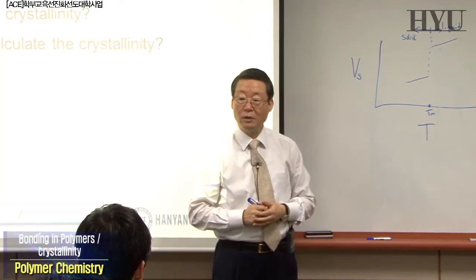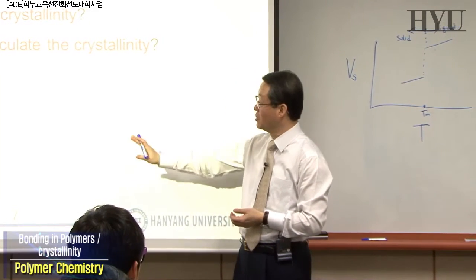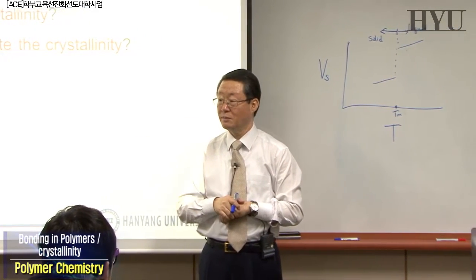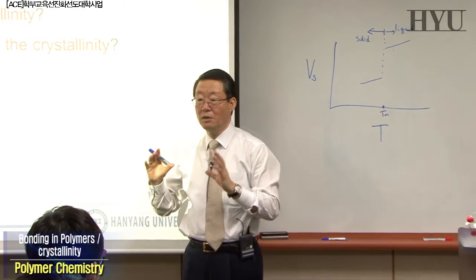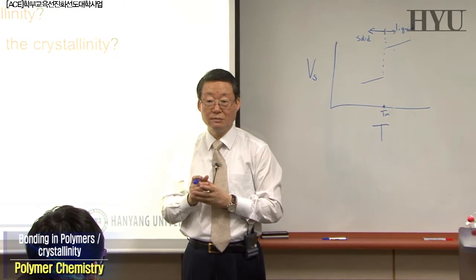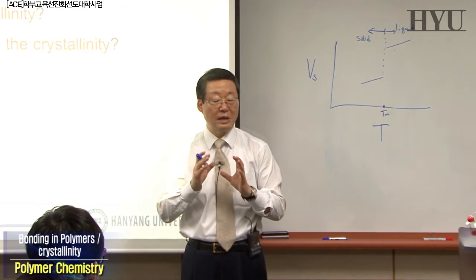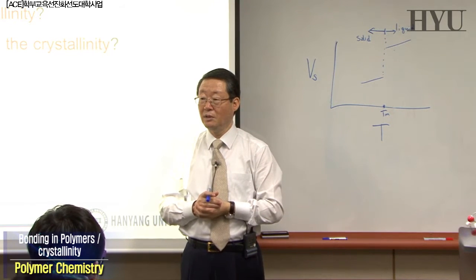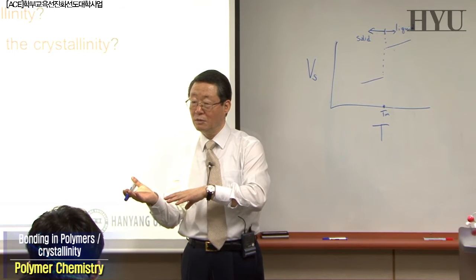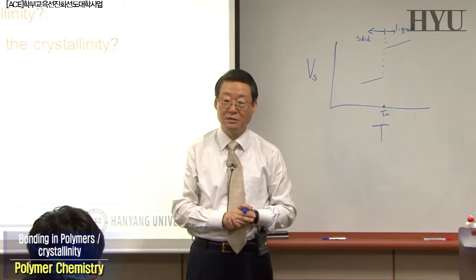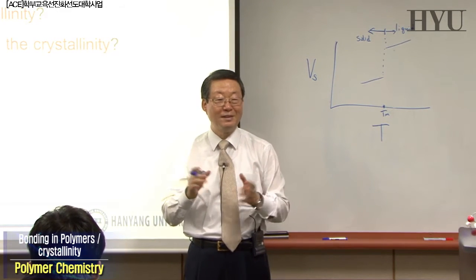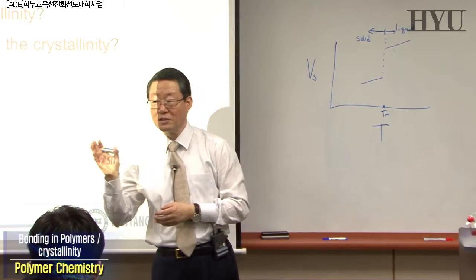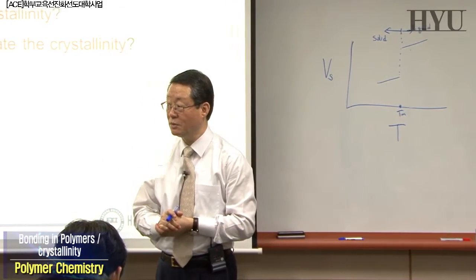What about the polymer? Because this is the polymer class. Polymer can have crystals. In other words, not should have, but can have crystals. It can have crystals, or it cannot have crystals. So it's quite difficult. It's different from metals and inorganic materials.